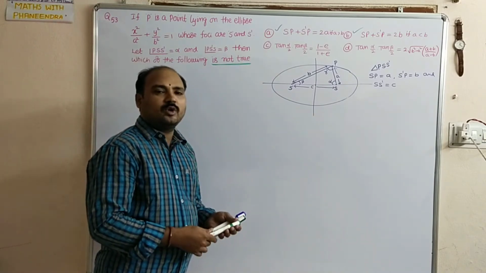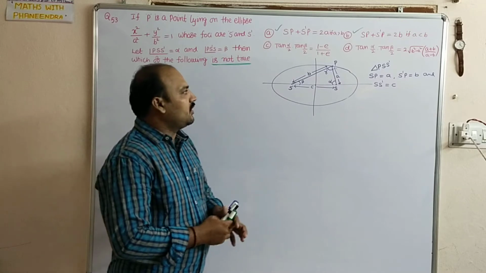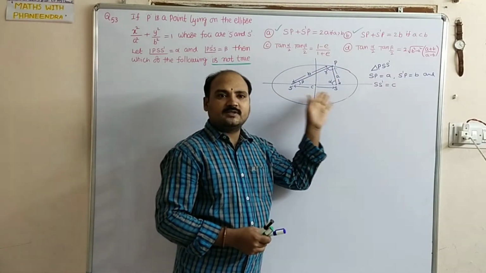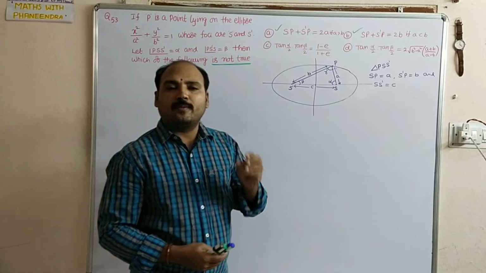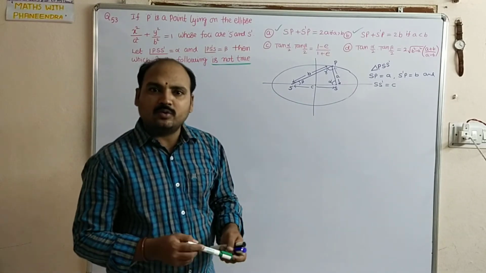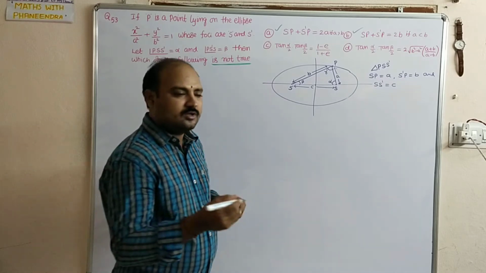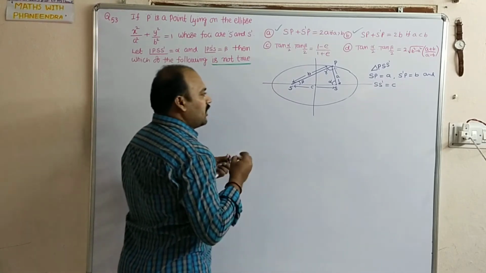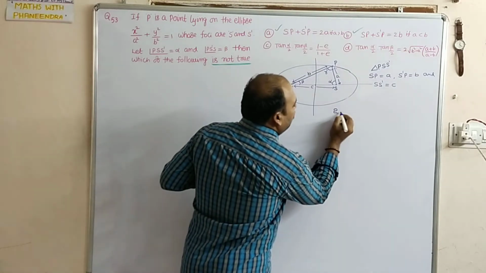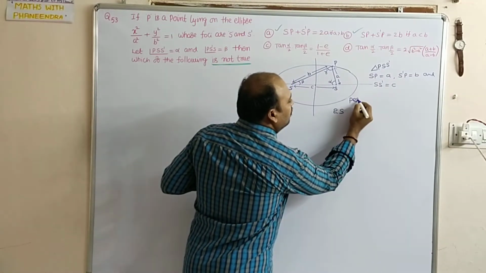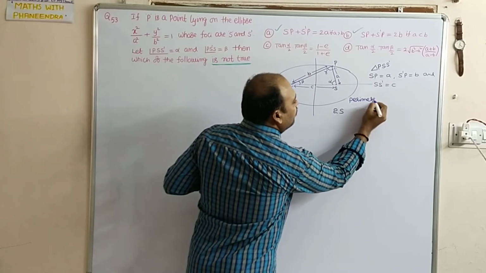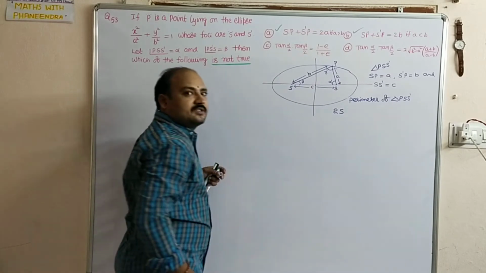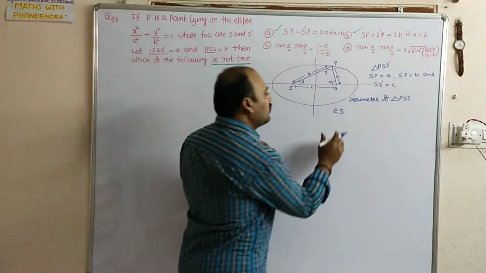For that, what we are going to do is, anyway, triangle PS dash S or PSS dash, from properties of triangles, you have to calculate the perimeter. So perimeter 2S equal to perimeter of the triangle PSS dash, sum of the sides of the triangle only, no?